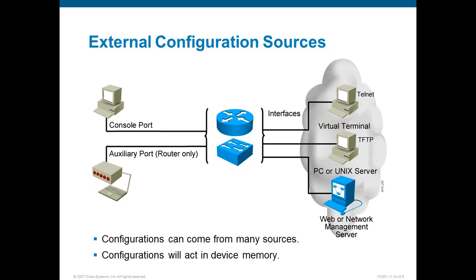The third way of communicating with the device, the network device, is through interfaces. What kind of interfaces do you have? There are different types of interfaces. One is Telnet. Telnet is the application for accessing the device remotely, sitting anywhere.